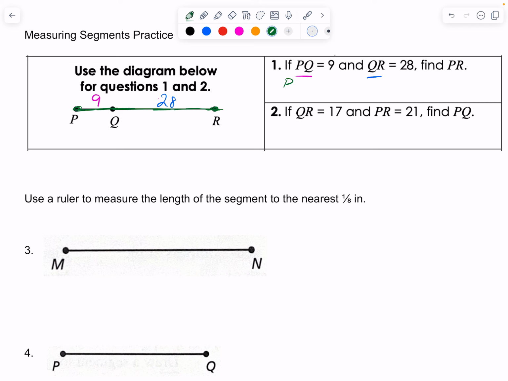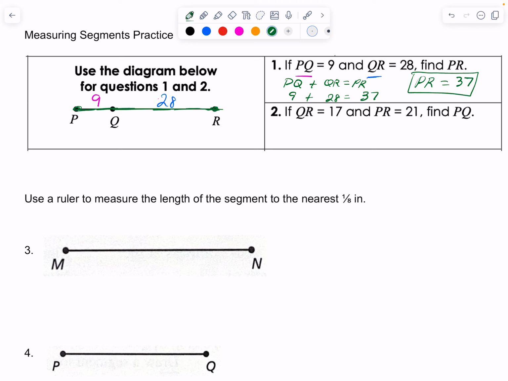Because the length of segment PQ plus the length of segment QR is equal to the length of segment PR. So adding those together, you get 9 plus 28, which is equal to 37 units. So the length of PR is 37.